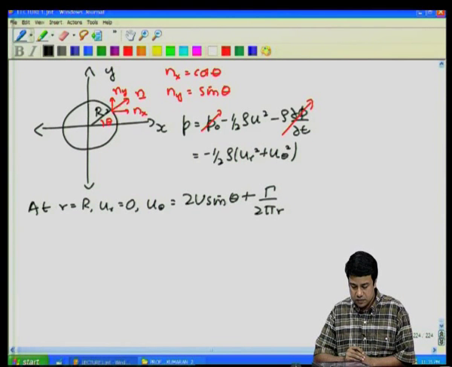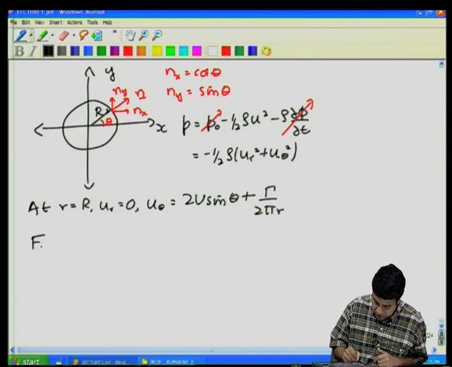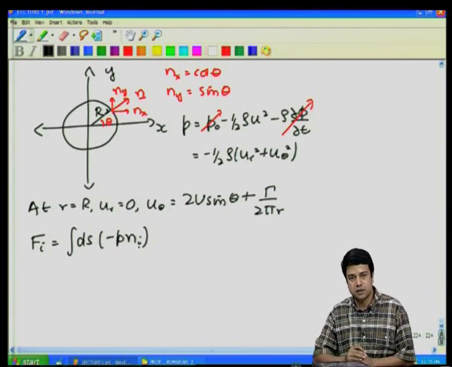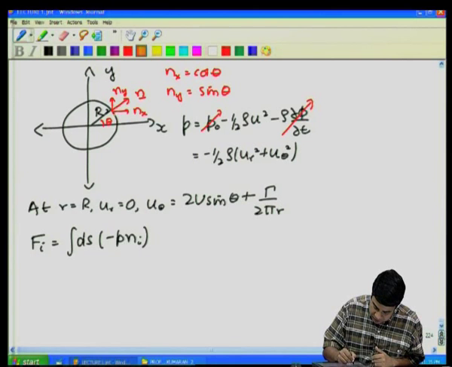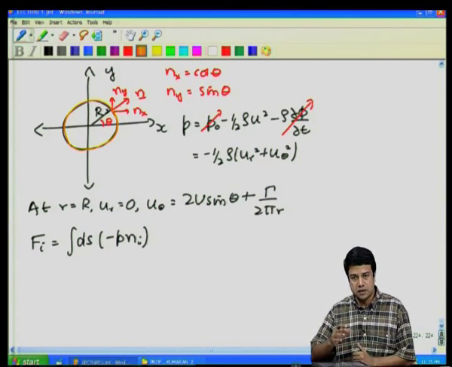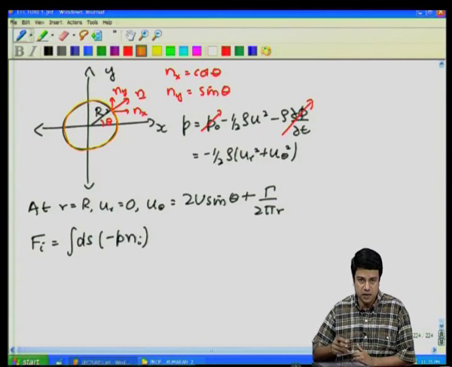Since u r is equal to 0, the only non-zero component of the velocity is just u theta. Therefore, the force F i is equal to the integral over the surface ds of minus p times the unit normal n i. The surface of the cylinder is this circle. It's a surface area in 3 dimensions; in 2 dimensions, it will just be a line along which we are integrating.